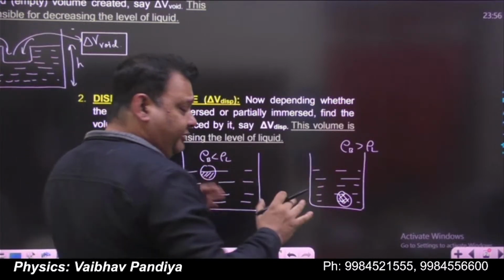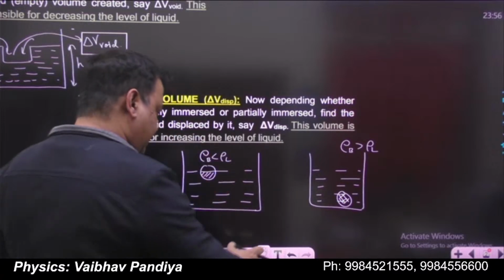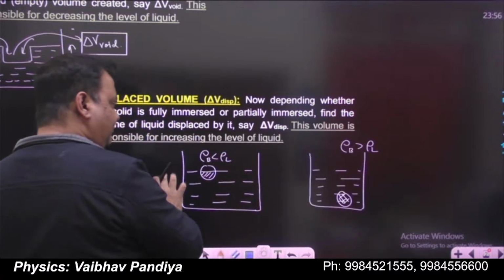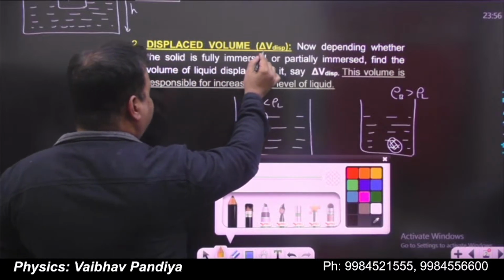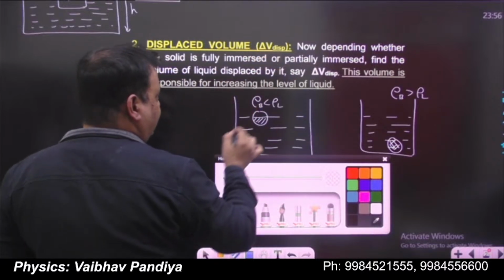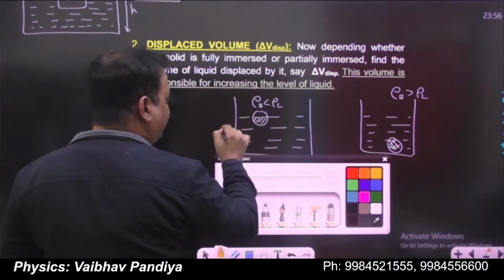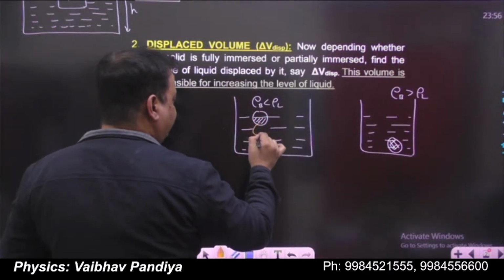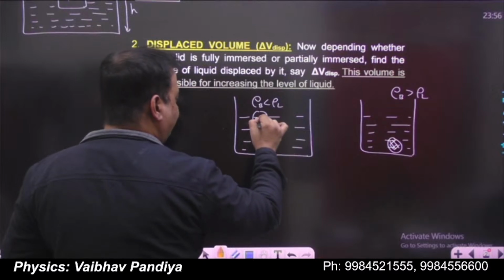this solid body will displace some volume of the liquid, correct? It will displace some volume of the liquid. And this volume, we are calling it delta V displace. Now, we can find the displaced volume. If it is partially immersed, you can find it by upthrust. Like in this case, delta V displace you have to find. So it will be equal to the weight of the object.